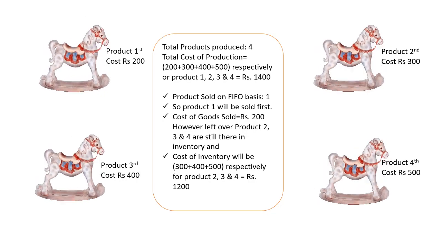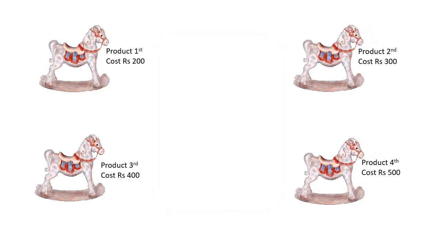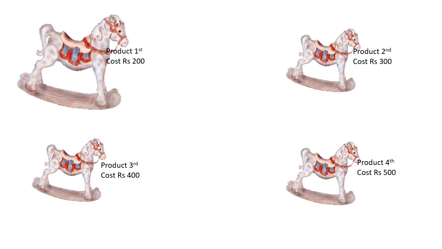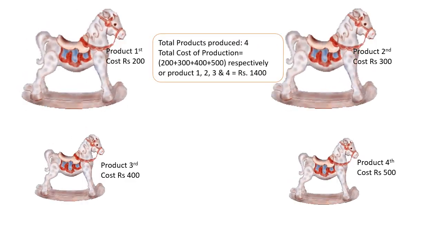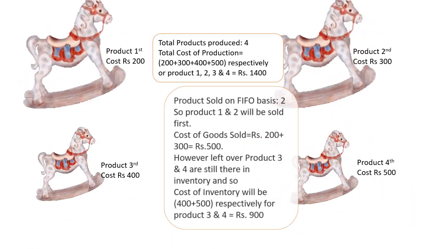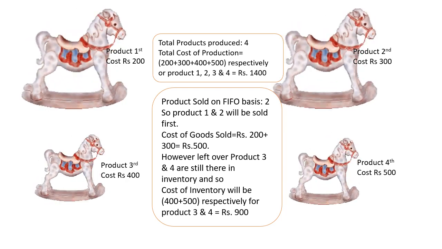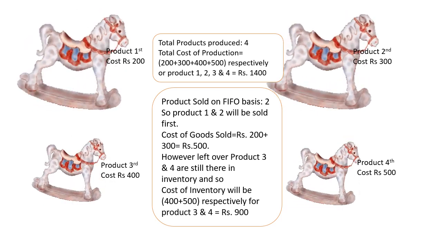Now let us sell 2 products at a time. In the next problem, we are selling 2 different products at a time. Products 1 and 2 will be sold because we are applying the FIFO method.